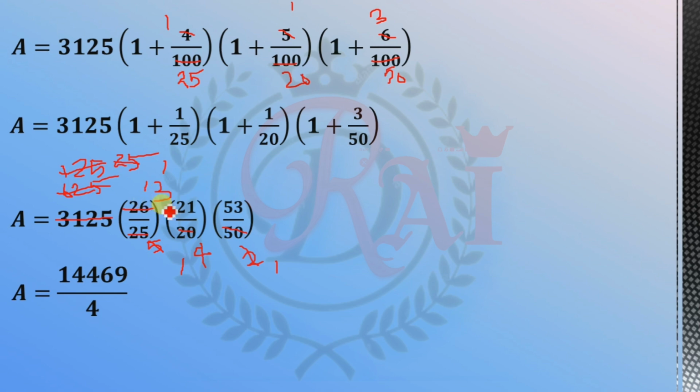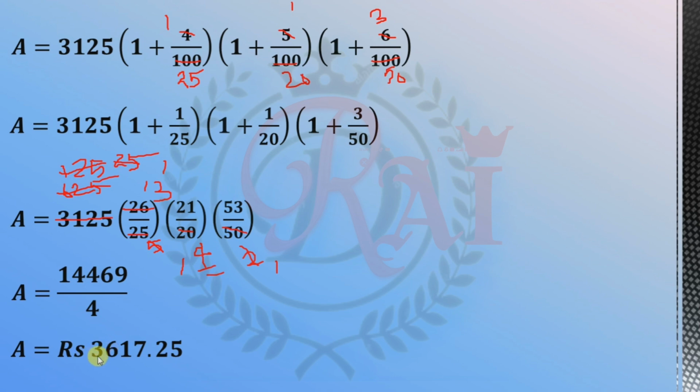So when I multiply 13, 21 and 53, I'll get 14,469 divided by this 4. Now when I divide 14,469 by 5, I will get rupees 3,617.25 paise.